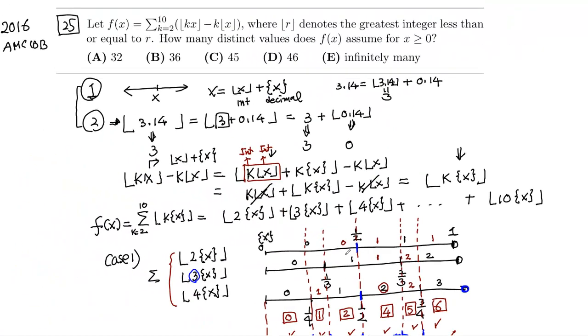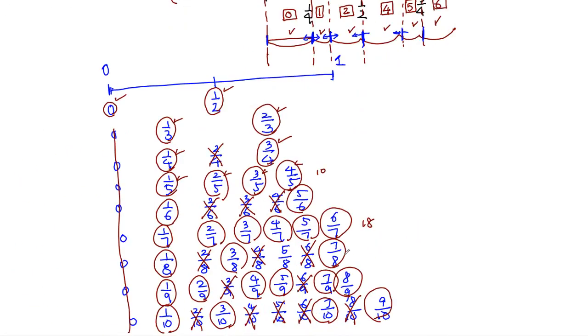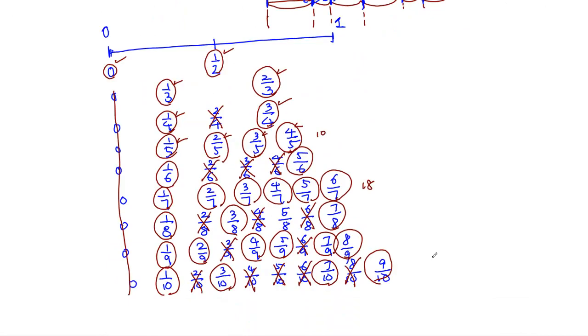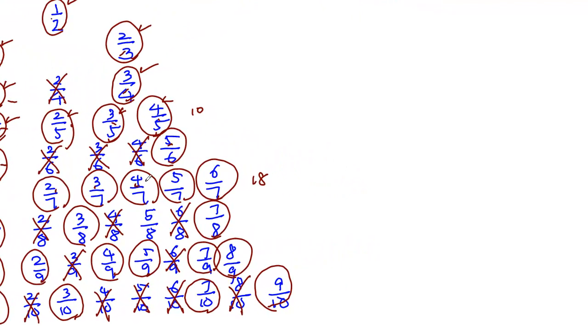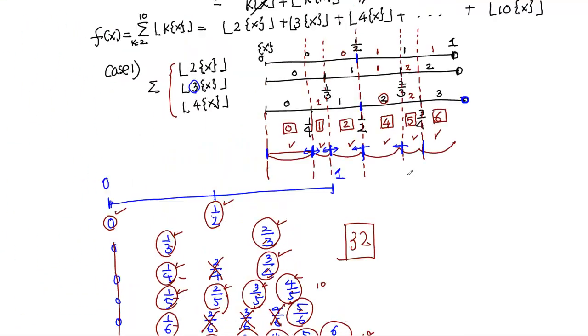Let me check it out. Oh, 32. We missed one. Let me check again: 16, 17, 18, 19, 20, oh, I mean 21 over here, right? 22, 23, 24, 25, 26, 27, 28, 29, 30, and 32, right? We have 32 distinct parts. So that's why 32 is the answer, okay?